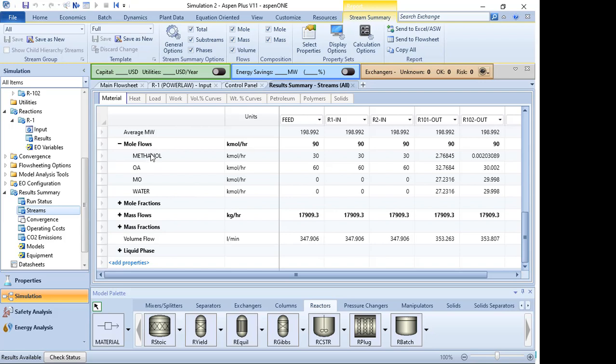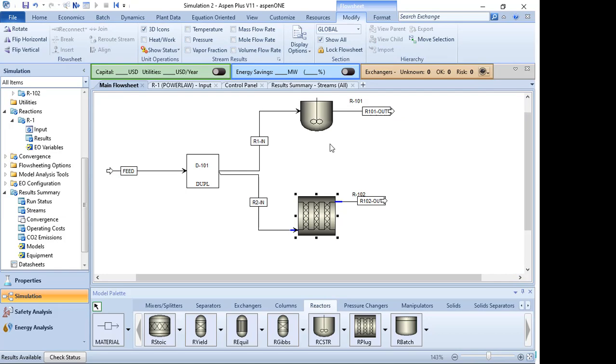Oh, sorry, not ammonia, methyl oleate. The methyl oleate, you can see in here, with the same volume of the reactor, R2 produces more methyl oleate compared to R1. R2 is the plug flow reactor.